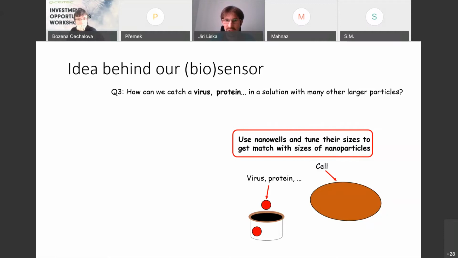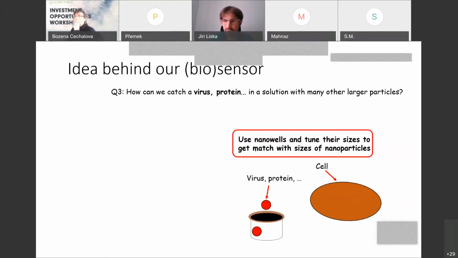Question 3: how can we catch a virus, proteins, and similar nanoparticles in a solution with many other larger particles? We can use nanowells and tune their sizes to match the sizes of the nanoparticles.